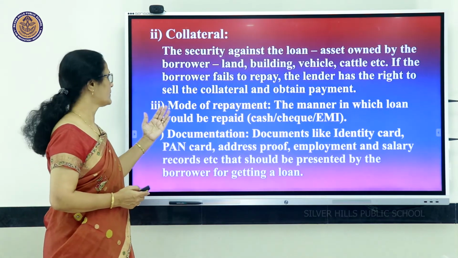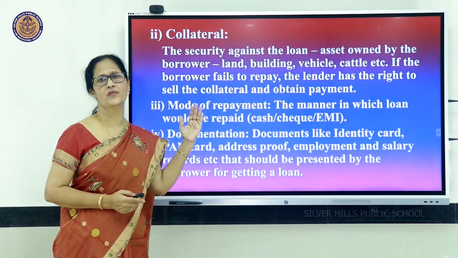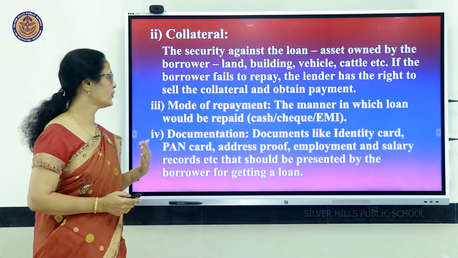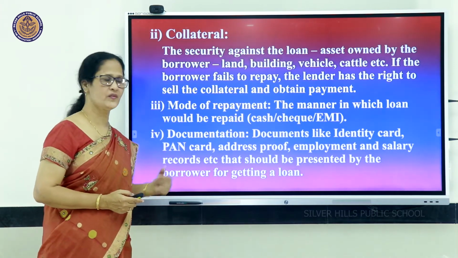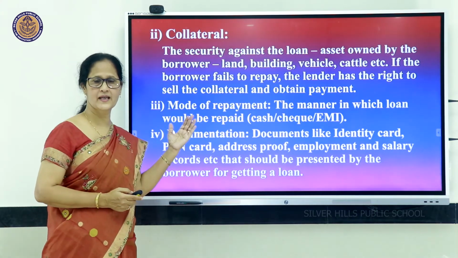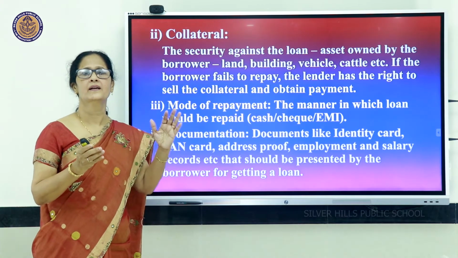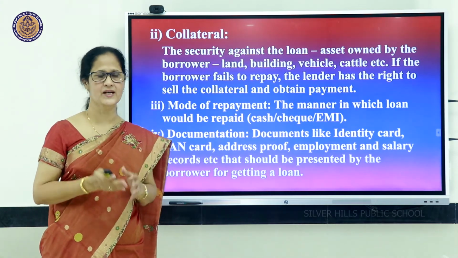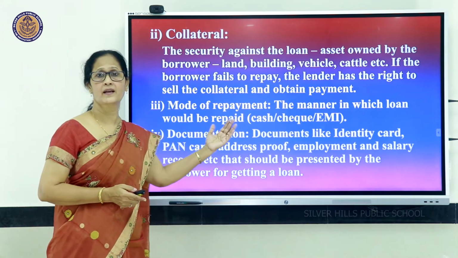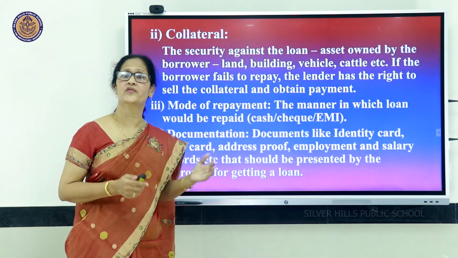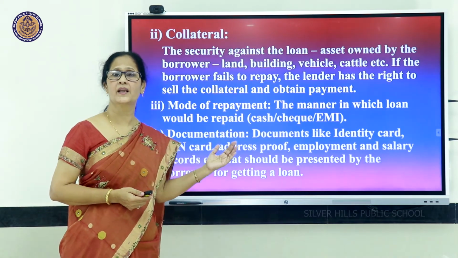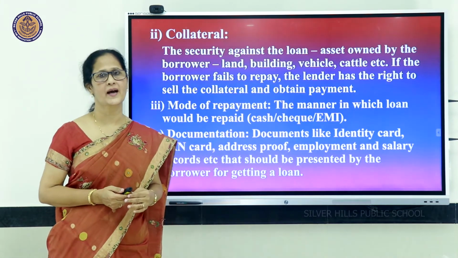The third term of credit is mode of repayment. The manner in which the loan is repaid is the mode of repayment. For example, the loan can be repaid in a lump sum amount as cash. It can be repaid in the form of a post-dated cheque, or it can be repaid as EMIs.